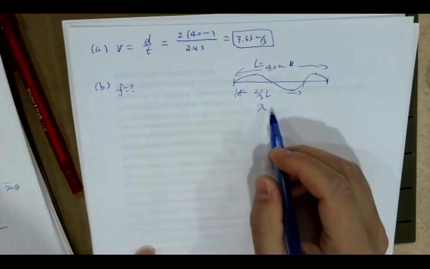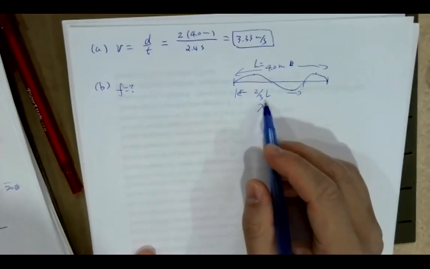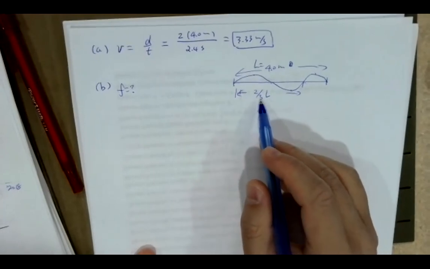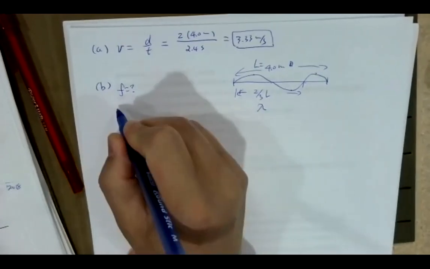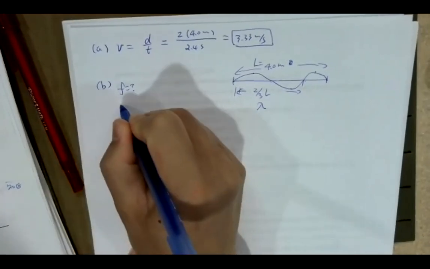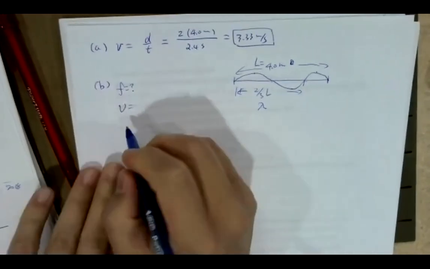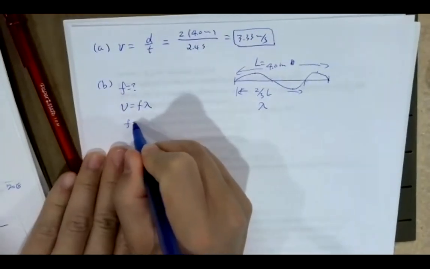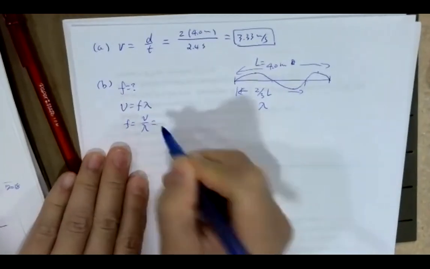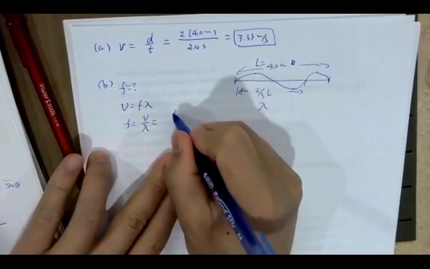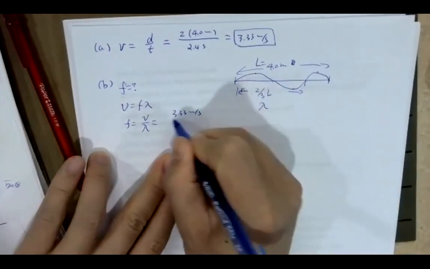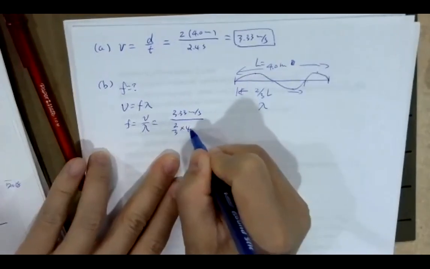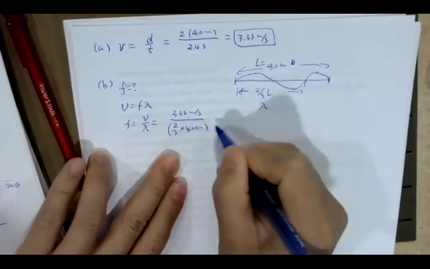And here, from your sketch, you can see the wavelength lambda is 2/3 of L. Because speed is equal to frequency times lambda, frequency is equal to speed over lambda. Speed is the 3.33 that you got in part A. Lambda is 2/3 of 4 meters.